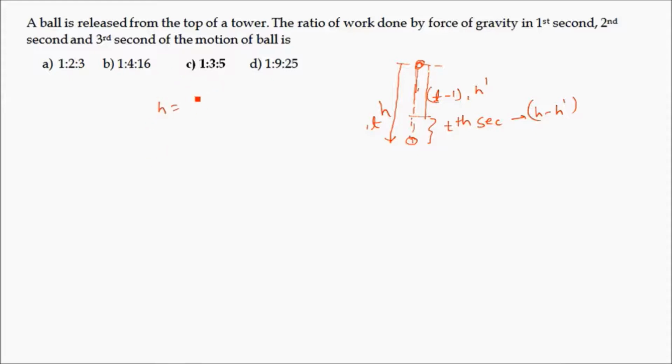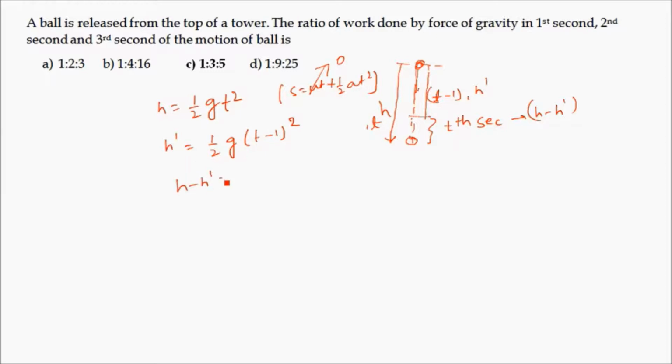So h is equal to half g t square, as the formula is s equal to ut plus half a t square, and here u is equal to 0 as we are dropping the ball, and a is equal to g. Similarly h dash is equal to 1 by 2 g (t minus 1) squared.